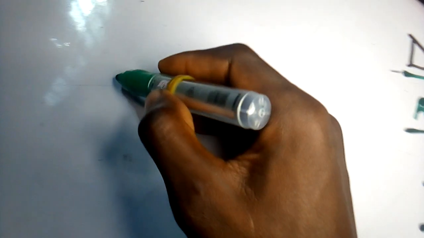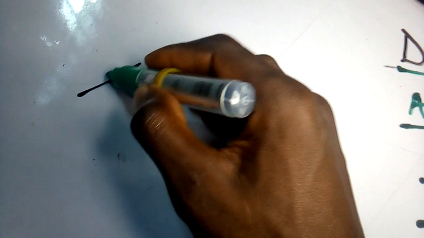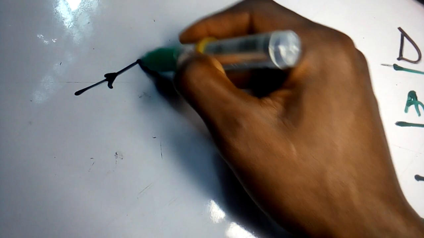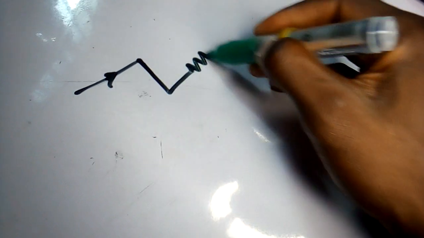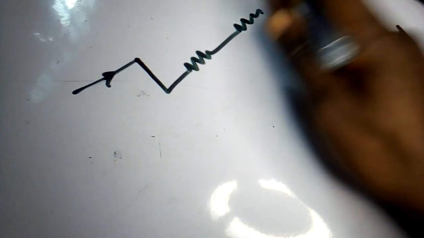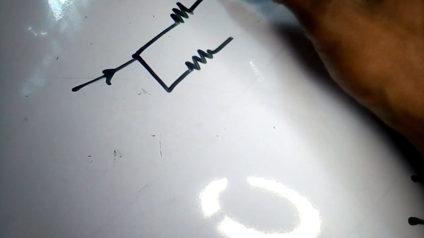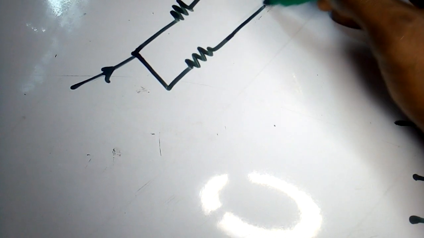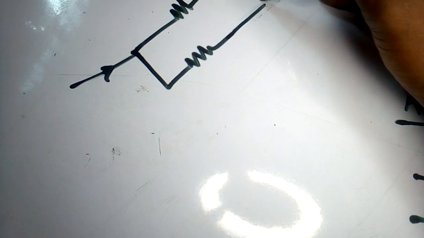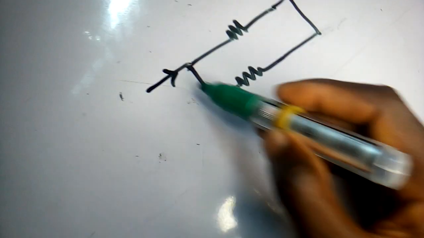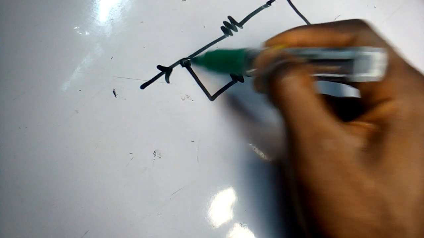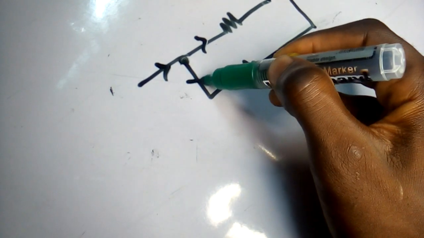Let's take for instance we have the source of current here, and then you have a resistor here, and we have a resistor here. This is the source of current. You believe me that these resistors have different currents in them.